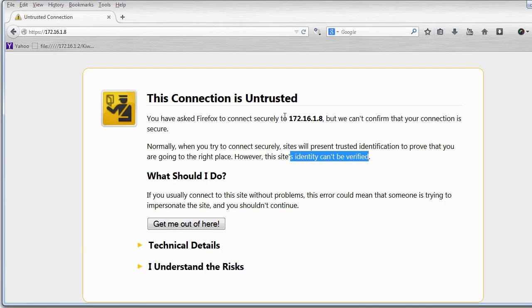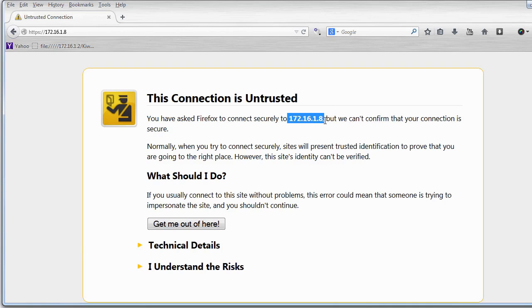Why? 172.16.1.8 is my server, my Microsoft server, and it generated its own certificate. It signed this certificate by itself. And of course Firefox is not going to trust a server like that.